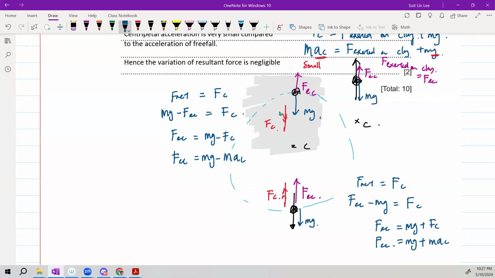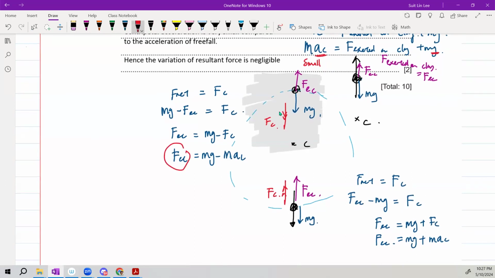So they're asking why is this variation negligible? Why is the FEC on top more or less equal to the FEC at the bottom? Well, this is because this is very small.